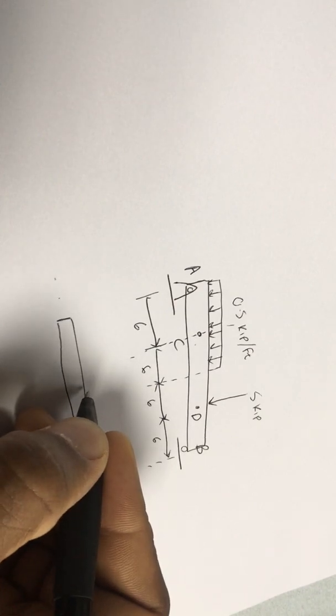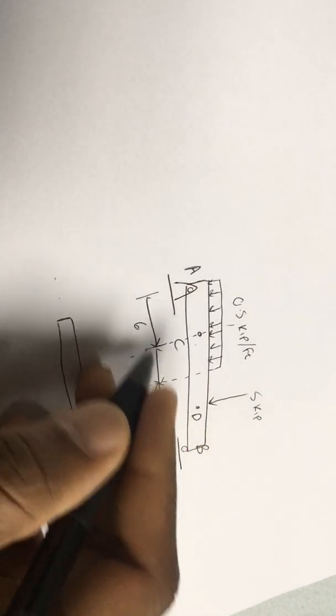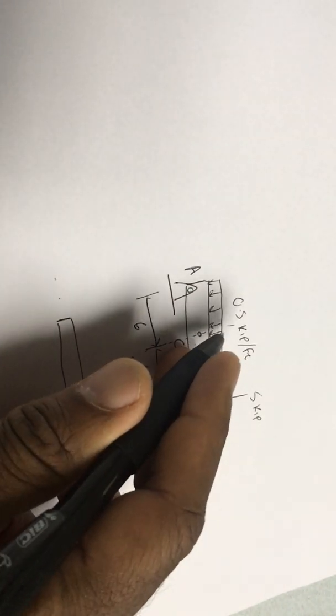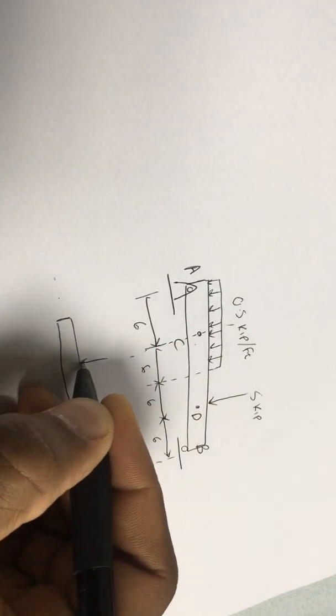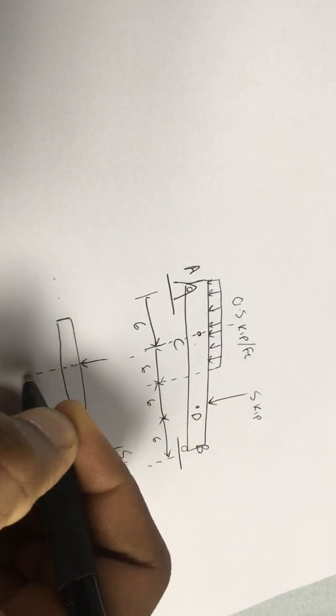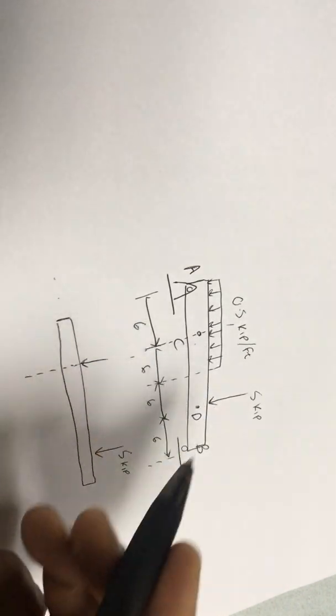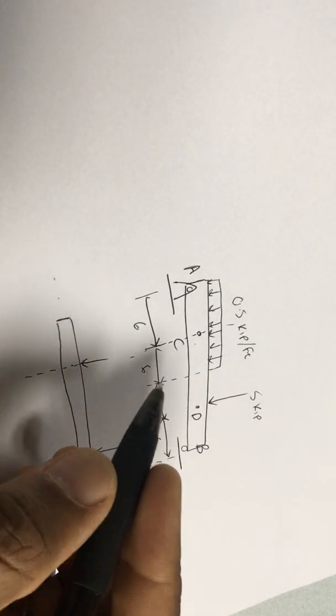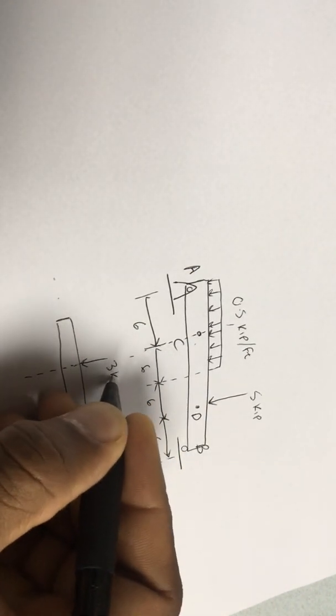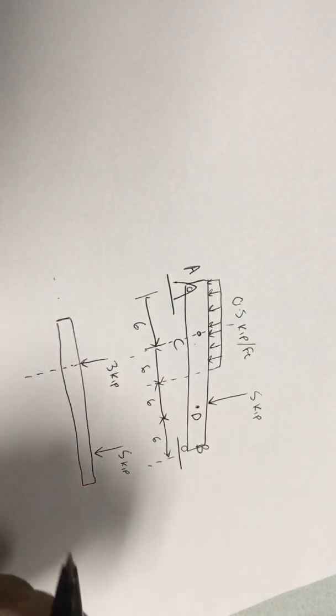And then working with this 6 on 6, 12, we know that that would be acting at the point C, right? And this would be 0.5 times 6, which would give us 3 kip, right?